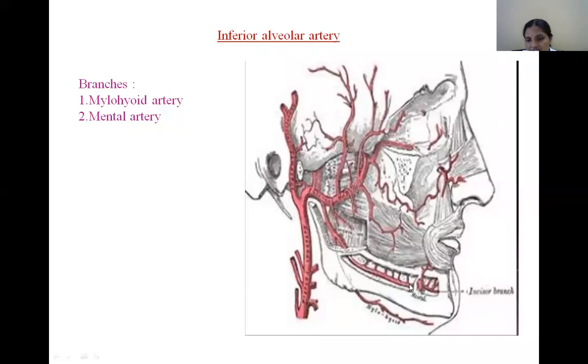And finally, this inferior alveolar artery leaves its mandibular canal as the mental artery and supplies the chin. So this is the inferior alveolar artery. Before entering the mandibular canal, it provides one more muscular branch, the artery to the mylohyoid muscle, which is important to supply the mylohyoid muscle.